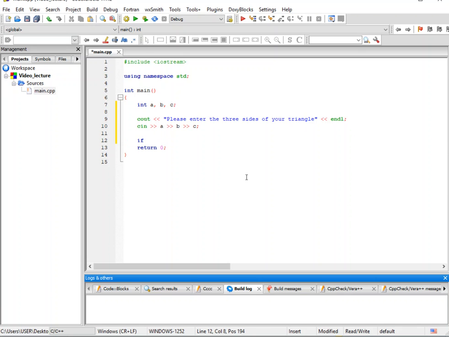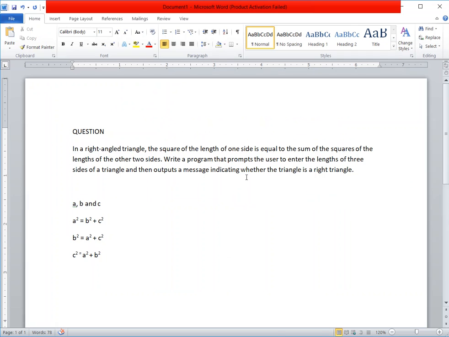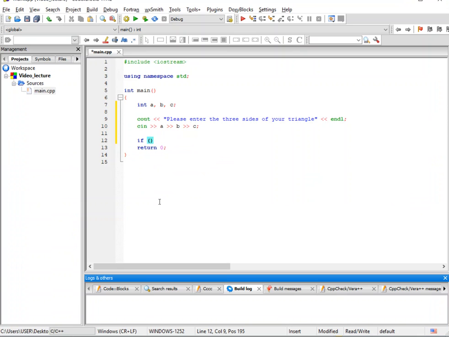We'll do if. Now let's go back to this. We're saying that if A squared is equal to B squared plus C squared, that is this equation, then the triangle will be a right angle triangle. To use a square, we could just ordinarily do A times A, which is the same as A squared.